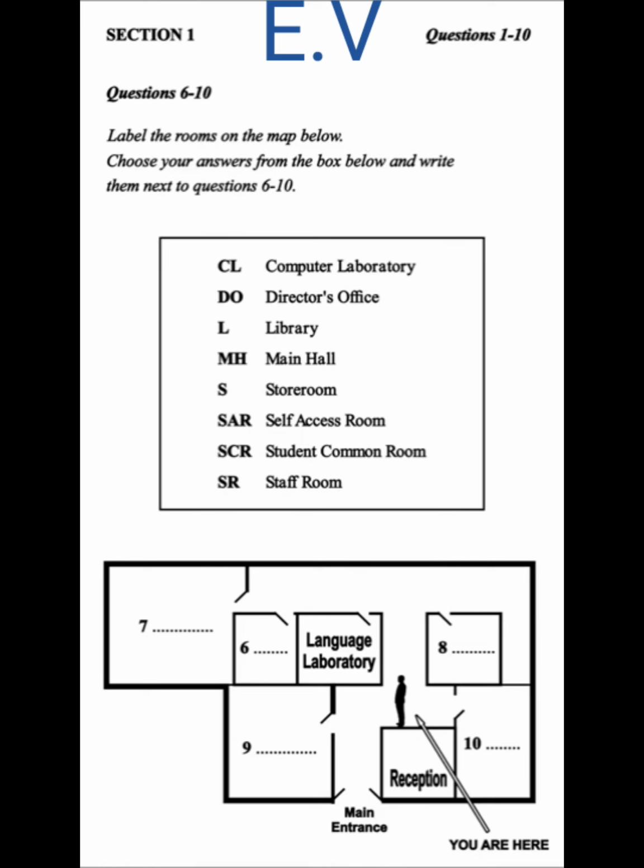But how do I find the main hall? Right. If you look on the back of the booklet I gave you, you'll see a map of the school. Let me show you. Look, you came in through the main entrance here, and now we're here at reception. Now, to get to the main hall, you walk on to the end of this corridor in front of you, and then you turn left.